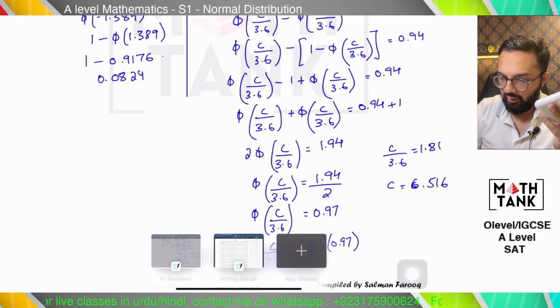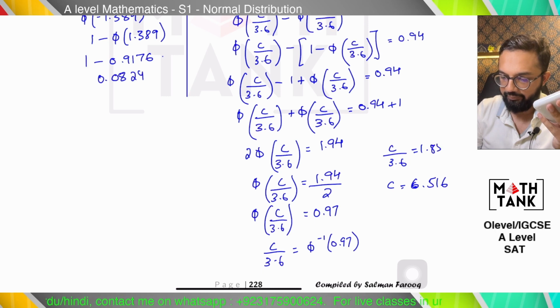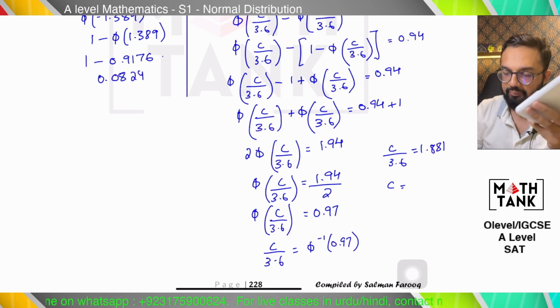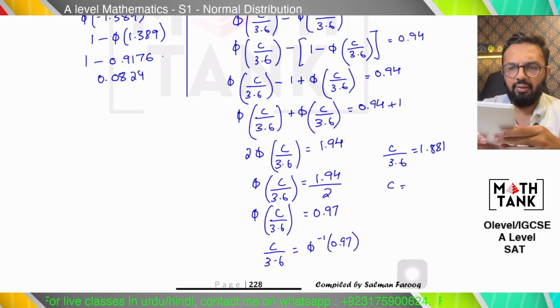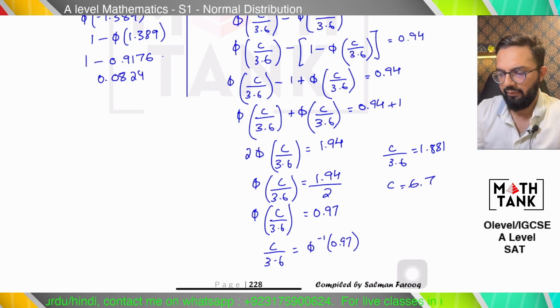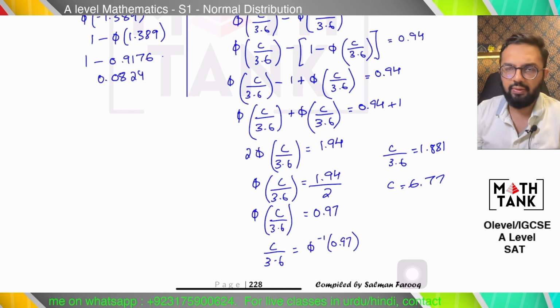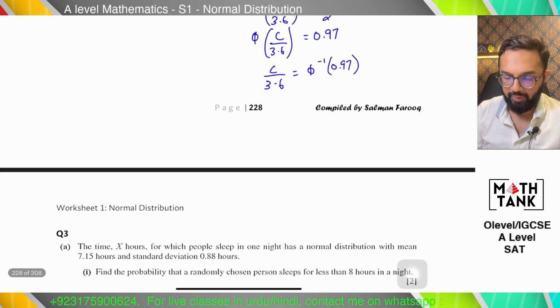My bad, I've read it incorrectly. It's 1.881. I am in the habit of reading it from the calculator, so it's sometimes a problem. 6.77. Okay, that's the correct answer. Everything else is correct. Nothing to worry about.